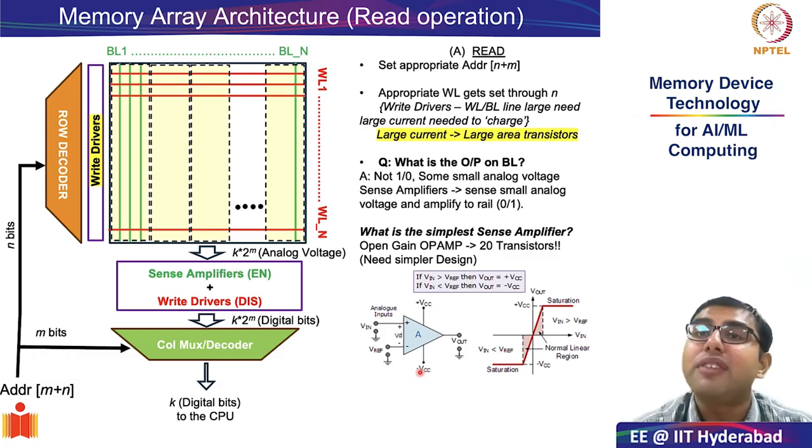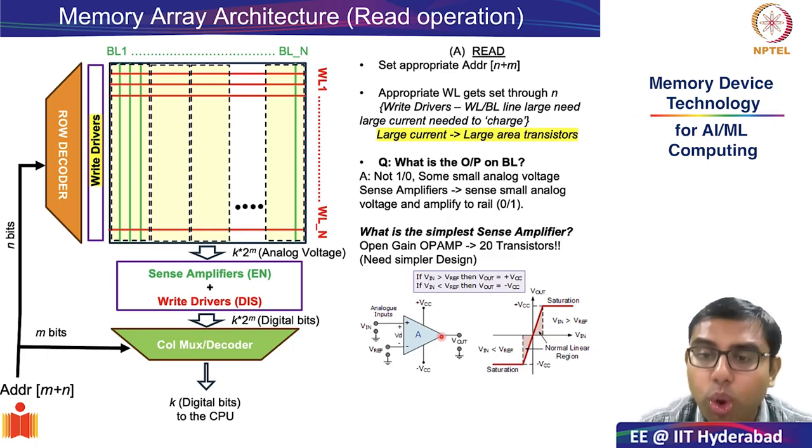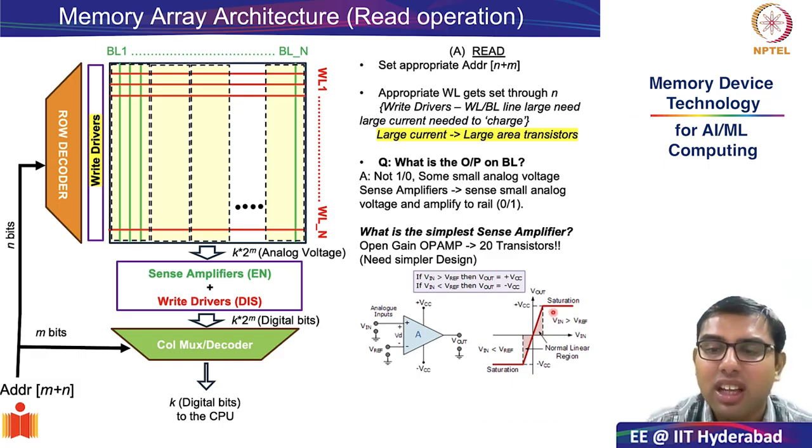Most of you might have studied open loop op amps. As you know, in an open loop op amp, if you apply some reference voltage and give an input voltage at the non-inverting terminal, because the open loop gain is very, very high, a small positive change over Vref quickly pins the output to saturation, plus VCC, and a small negative differential over the Vref quickly pins the value to negative VCC.